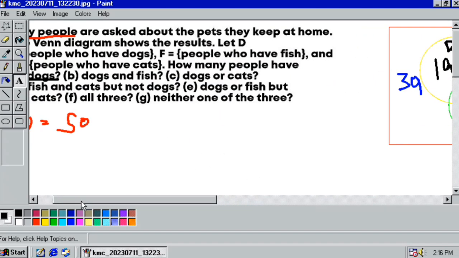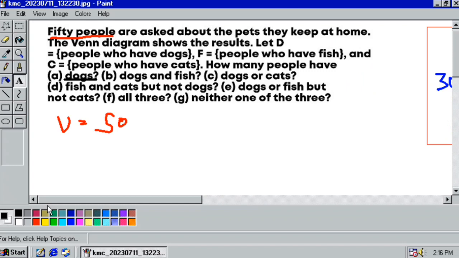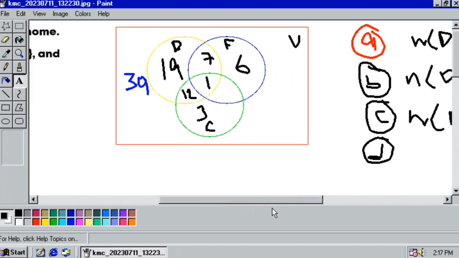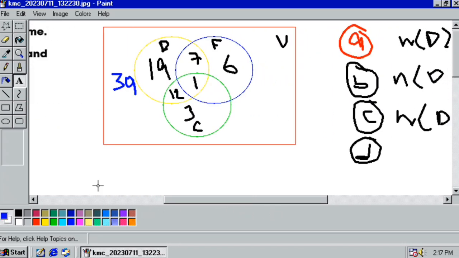Now next, let's find fish and cats, but not dogs. So we're basically looking for the intersection of fish and cats, and the intersection of the complement of dogs. That may be a little bit confusing, but here's the shaded part. Fish and cats, but not dogs, will be this part right here.